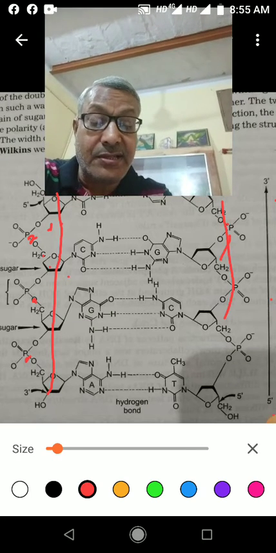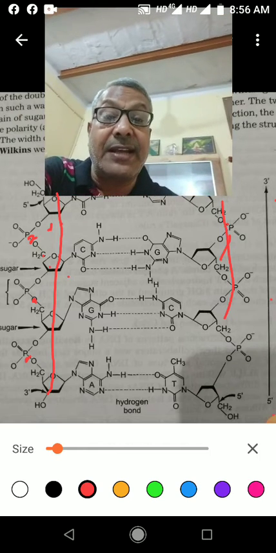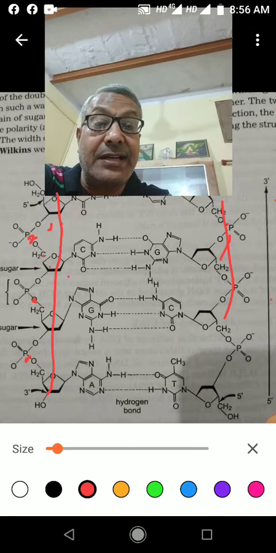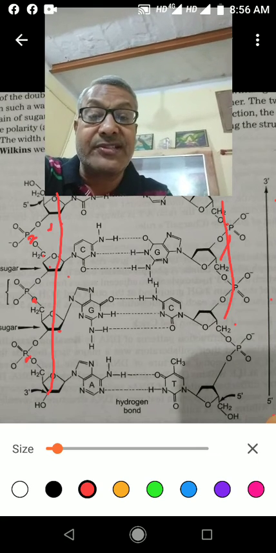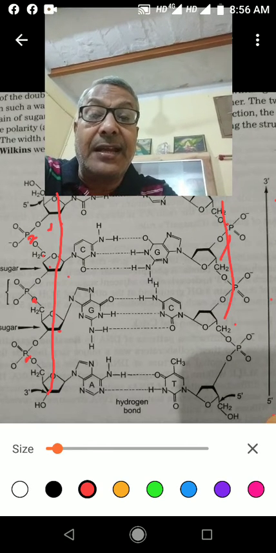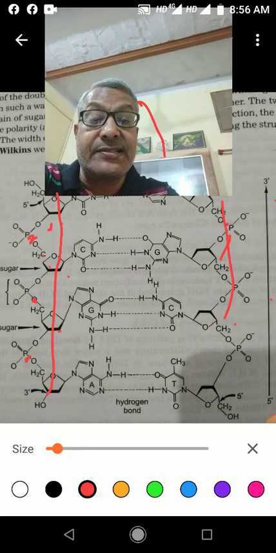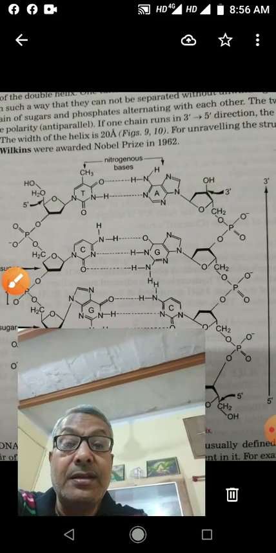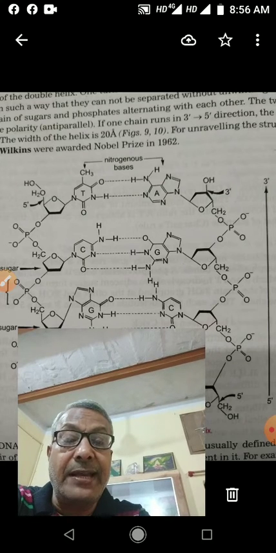They are arranged anti-parallel. The DNA helix has a diameter of 20 angstrom. In the nitrogenous bases, you can see this is the thymine nitrogenous base and adenine. Thymine pairs with adenine.